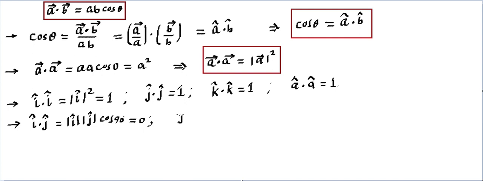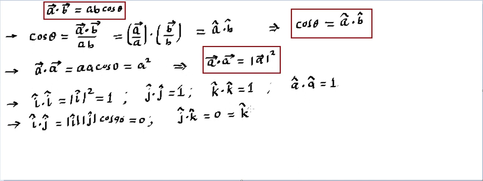Similarly, if somebody asks what is the value of j cap dot k cap, can we think of it? Yes, we can. Since j cap and k cap are in perpendicular directions, this is the y direction, this is the z direction, the dot product of perpendicular vectors is always 0. Can we say similarly k cap dot i cap?